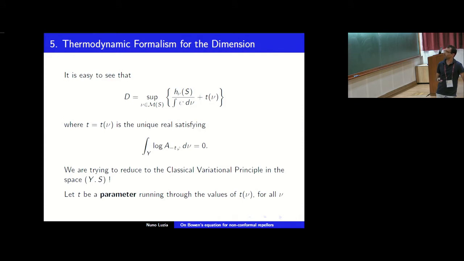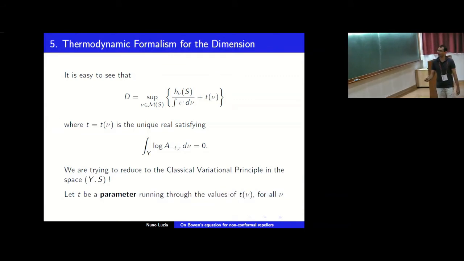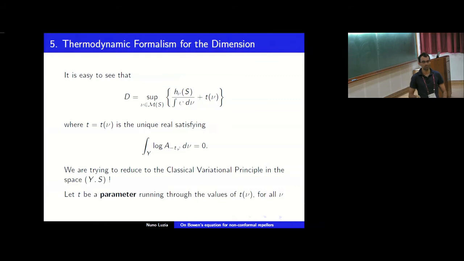It's not trivial, because this is not linear in nu. That's the main difficulty. That's why we are going to fix this T as a parameter, okay? And then we are trying to reduce to the classical variational principle.